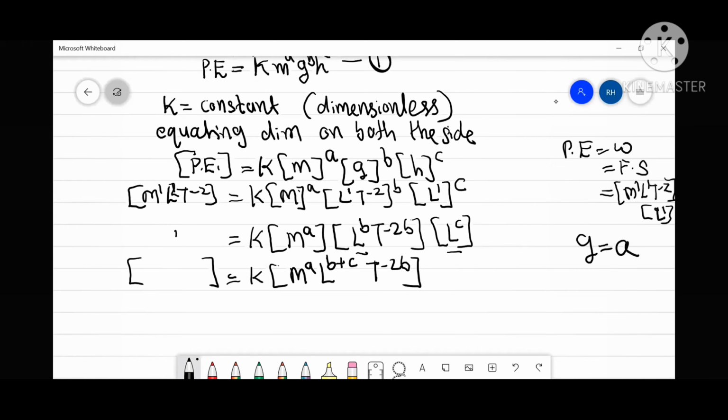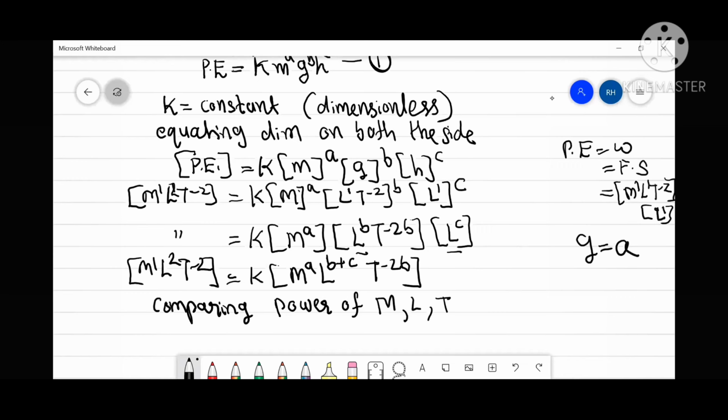This is similar to M raised to 1, L raised to 2, T raised to minus 2. We write the sentence: comparing the powers of M, L and T on both sides.